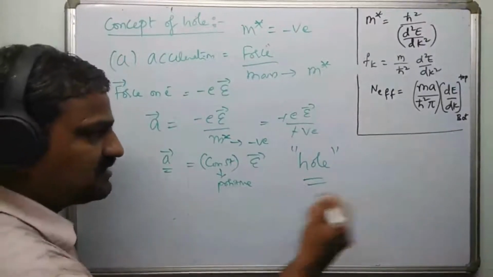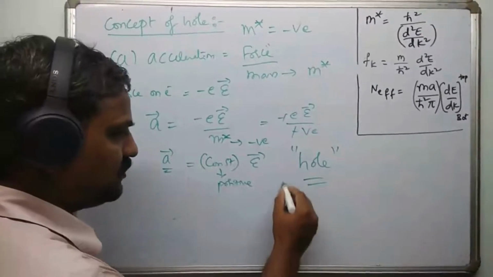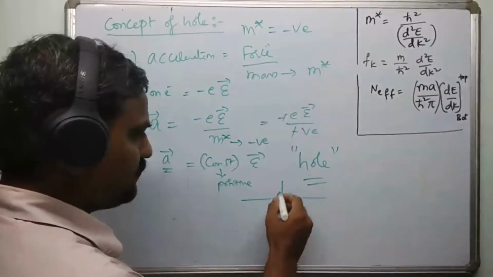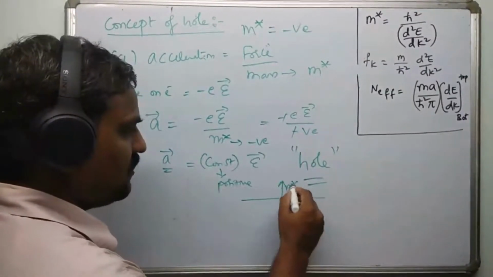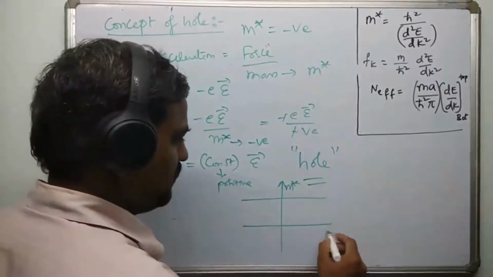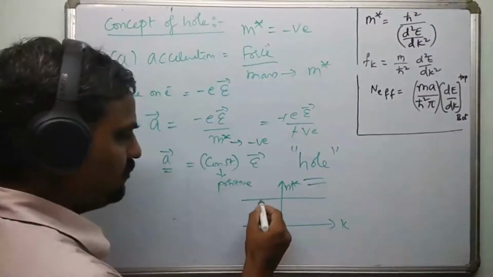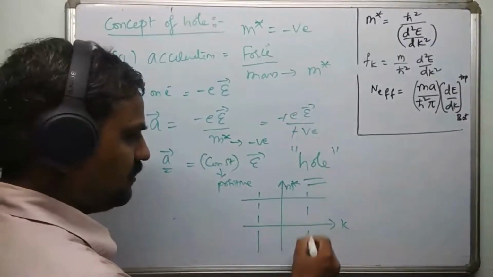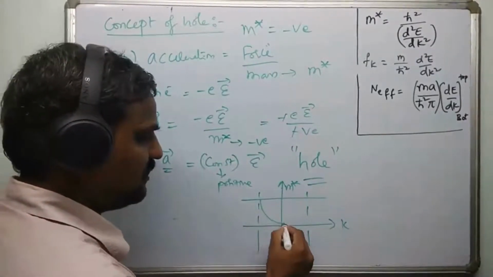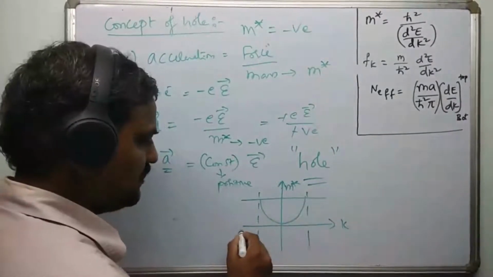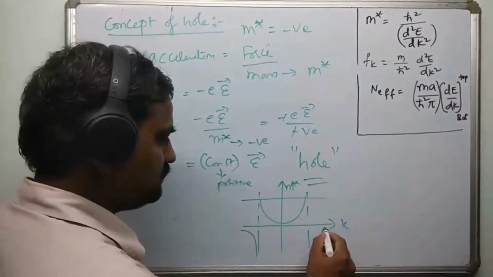If you recall the previous discussion, there I plotted the effective mass. I can redraw it once again. So if this is m star, and this is the k value, I have shown you that the effective mass is going to be like this, and in some regions it's going to be like this.